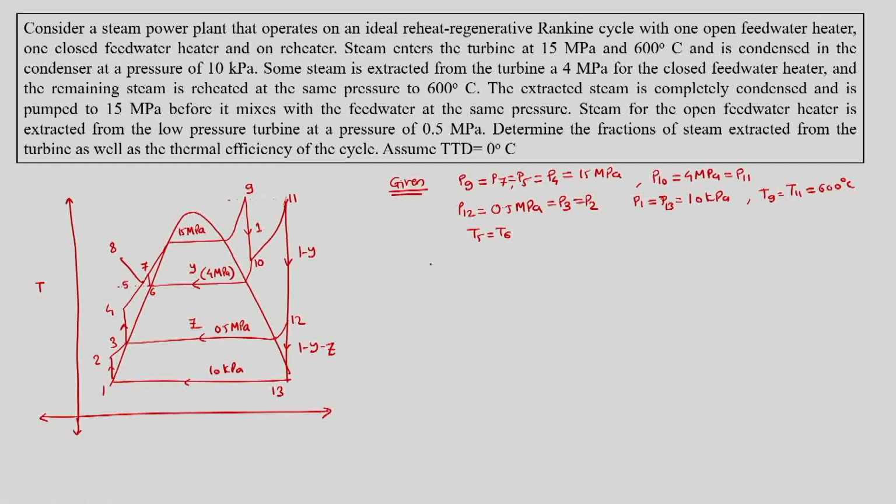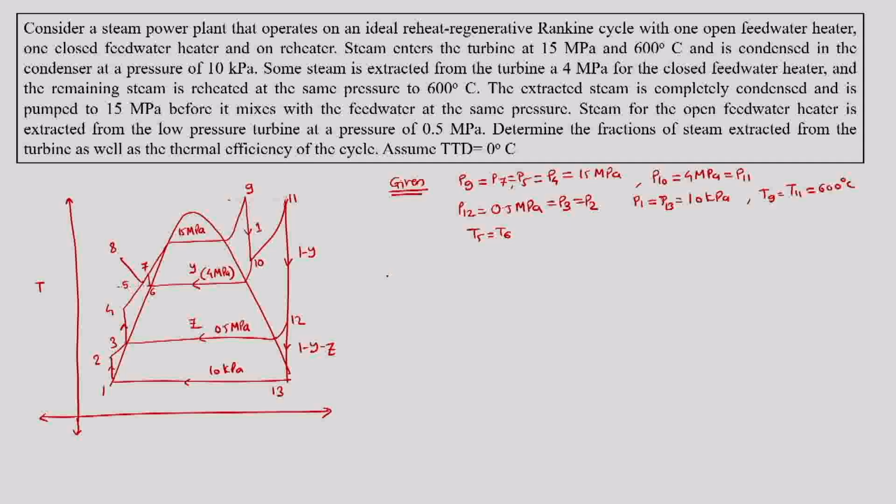With this we will first find out all the enthalpies at the different corners from the steam table. So, which enthalpies can we find out first? We can find out H1, H3, H6, H9, H11.